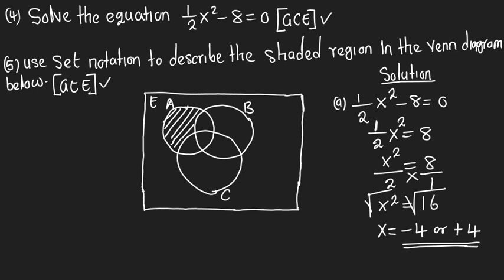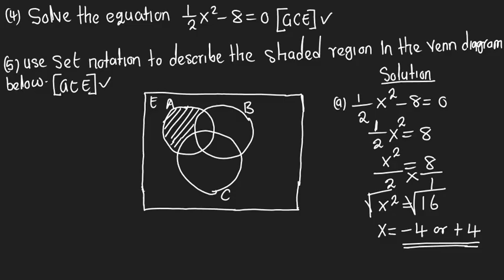Now, what you are able to see there, they have only shaded A, but they have left B and C. B and C are not shaded.